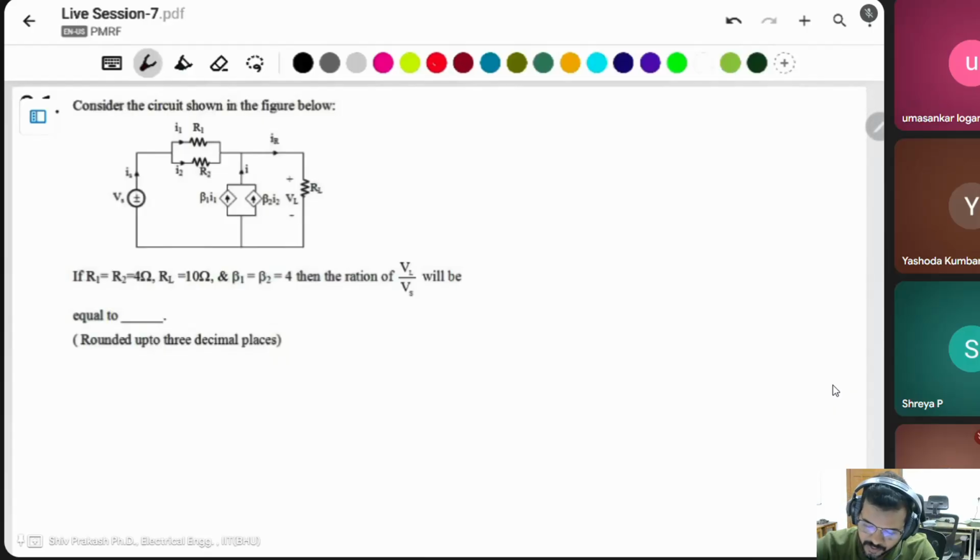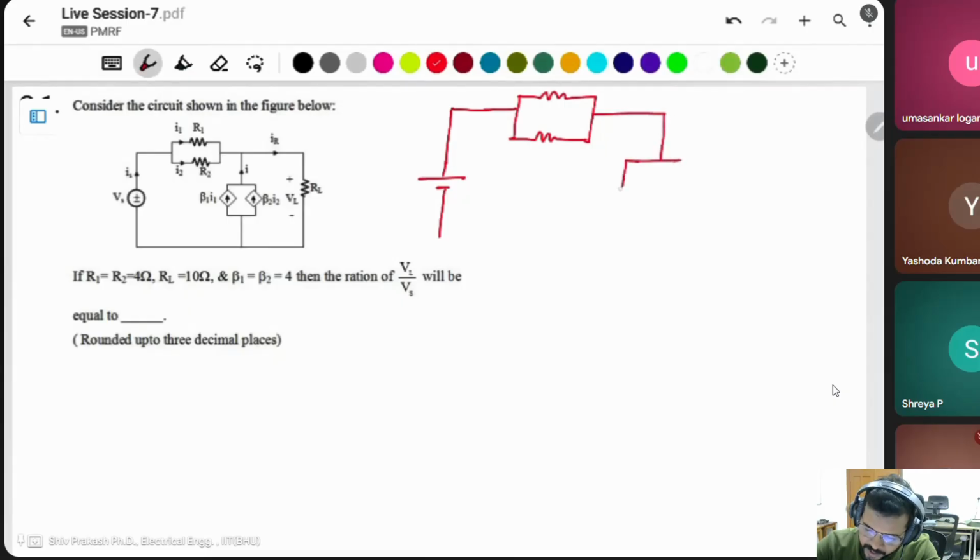I want to redraw the circuit bigger. This is a parallel combination of two resistors and another parallel combination of two dependent sources.